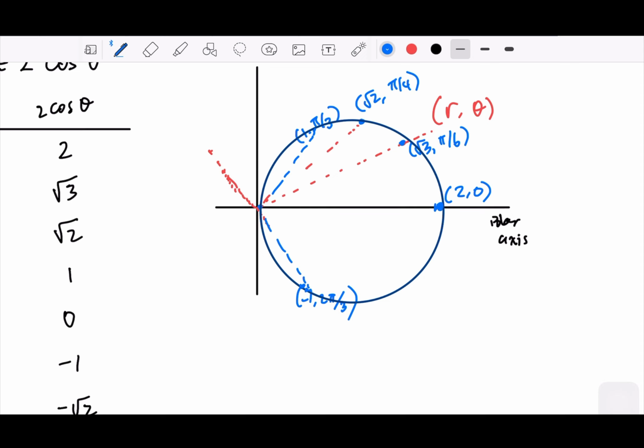Later on, with the same techniques, if you put negative in this equation, this is positive 2 cosine theta. If you multiply with negative, it will be on the left side.